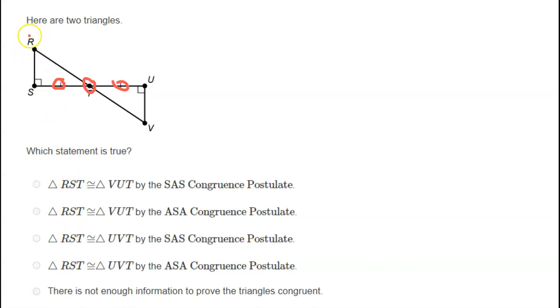So we need to make sure to note that R is going to map with V. So we know it's angle, side, angle. So we look down here, we see angle, side, angle here, and angle, side, angle here. R, S, T, R maps with V, and we're golden.